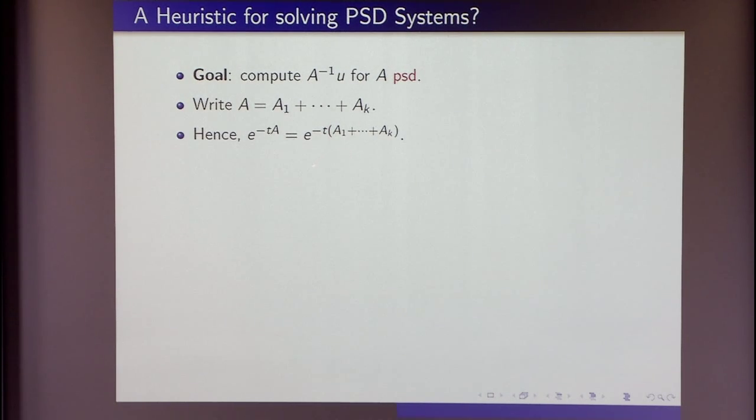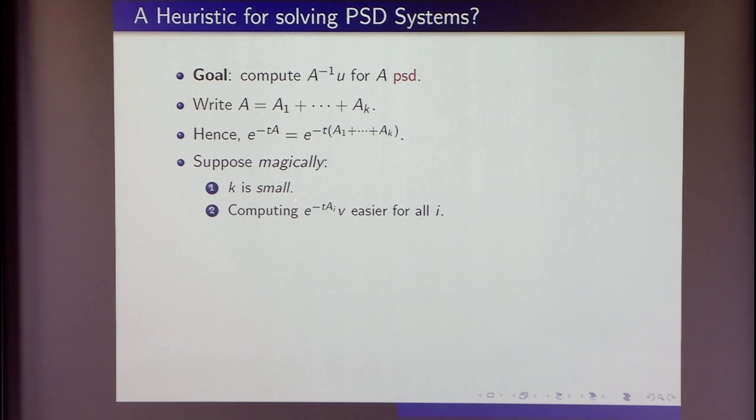When I do this, by definition, e to the minus tA is e to the minus t times the sum of these guys. Nothing really happened. Now suppose magic happens, and k is small, and computing these, which, going back to our analogy with Laplacians, is nothing but the exponential of the Laplacian of a tree, times v, is easier than computing e to the minus A times v.